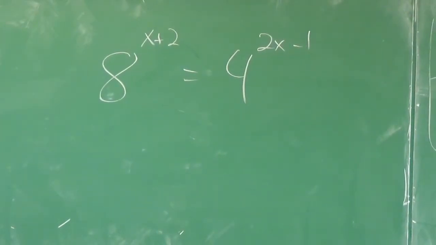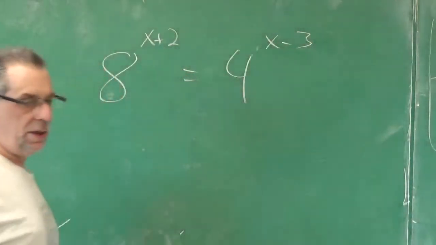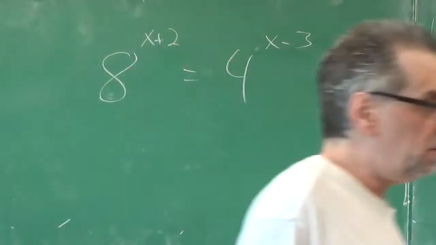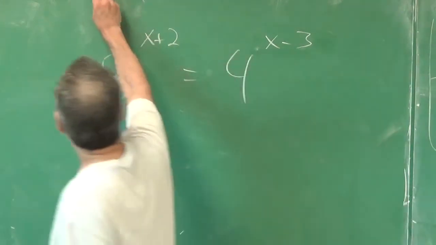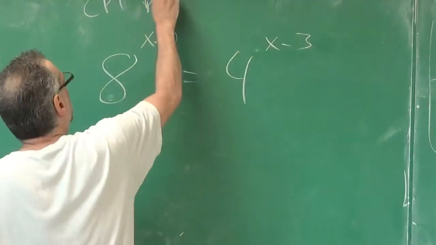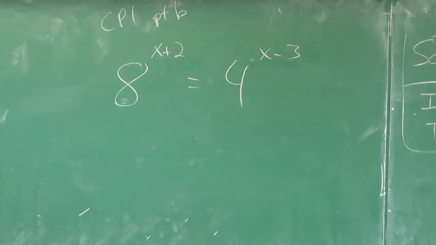Let's see here, 4 to the x minus 3. This is a checkpoint in the book if you want to check it later. It's part B of checkpoint 1, and that's on page 480.